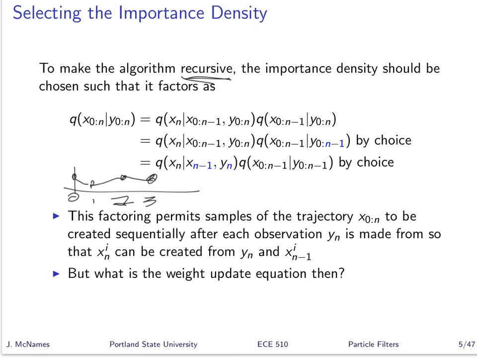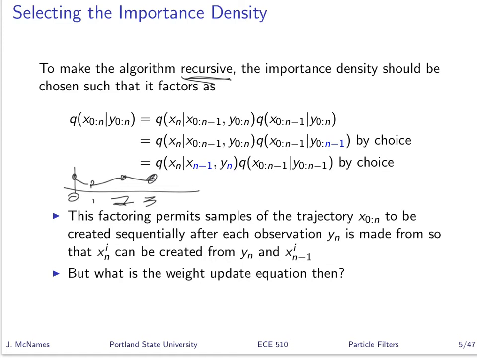But the importance density, it probably still makes sense to calculate that recursively because it's efficient. So even if you wanted to do smoothing, we're not talking about factoring the posterior. It's just the importance density. Okay. And the only reason we factored it this way is so that we can efficiently advance it in time. So even if we want to do smoothing, this may still be a reasonable decision to make.